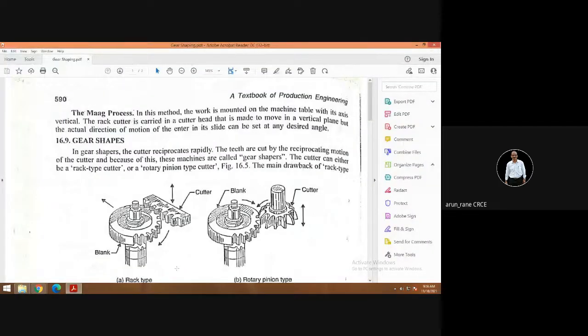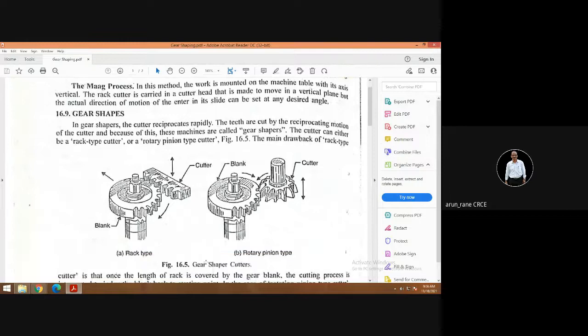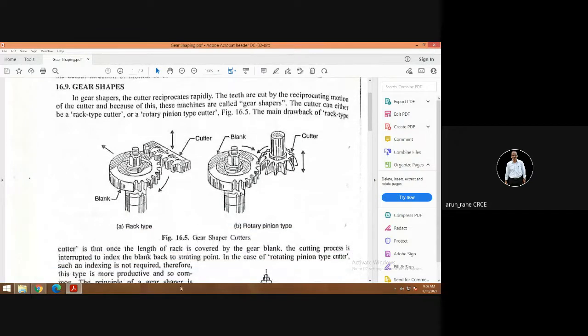Then these are your gear shaping cutting techniques. Here it is shown that a rack is used for cutting the teeth. This rack is moved up and down, your blank is rotating, and your rack is feeding inside.